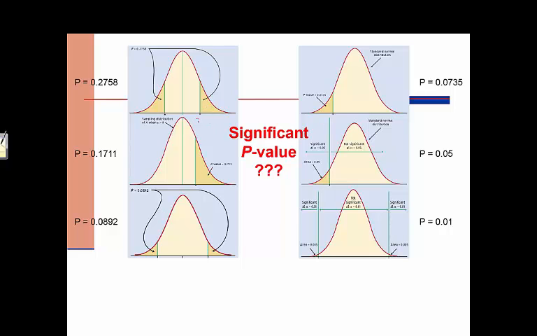Okay, so this is Z statistic, and this is negative Z statistic. Okay, and then this area to the right-hand side is the p-value.